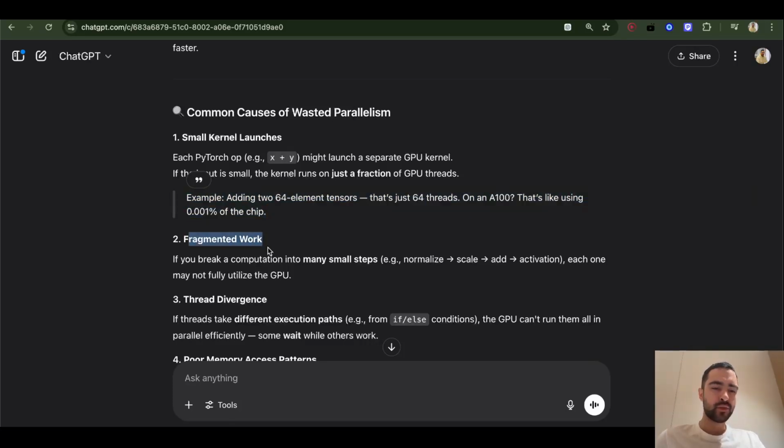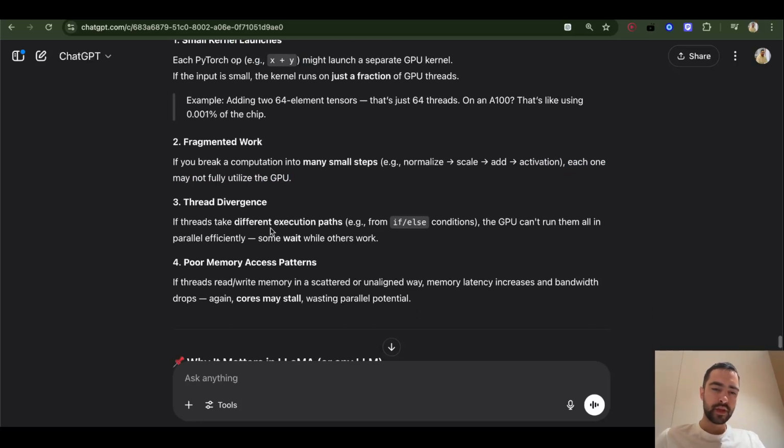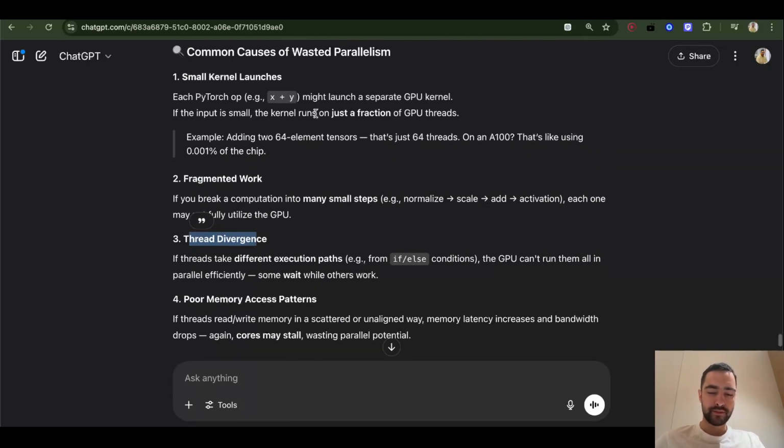Then fragmented work. If you break a computation into many small steps, for example normalize, then scale, then add, then activate, each one may not fully utilize the GPU. And then thread divergence. This is the next common cause of wasted parallelism.